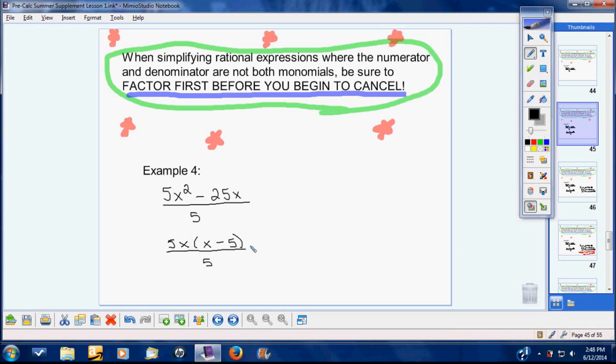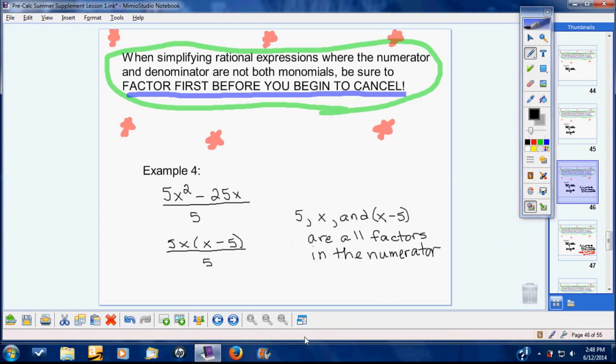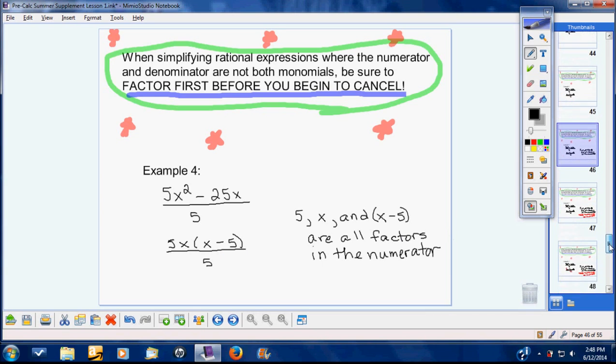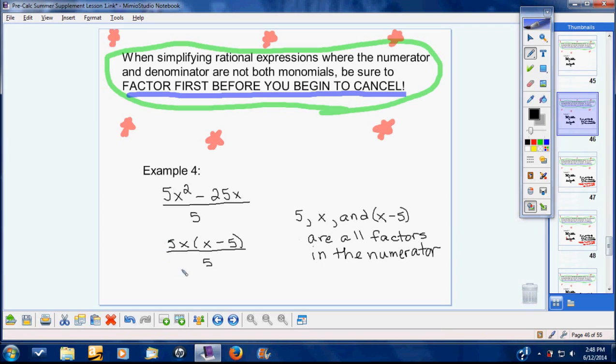Now you have factors. You have 3 factors. 5, x, and x minus 5 are all factors in the numerator. This in parentheses is a factor by itself. Okay? So, you can cancel complete factors. So, when I'm looking to see if I can cancel anything with this 5, I'm looking for another 5, which I can do up here. The 5s can cancel.